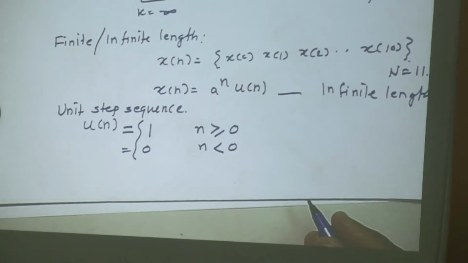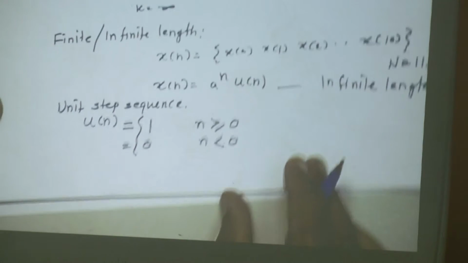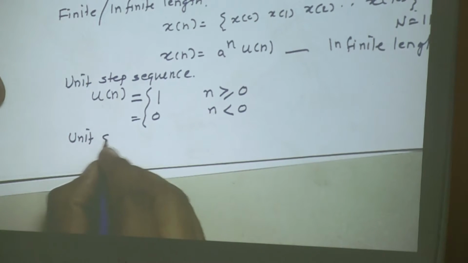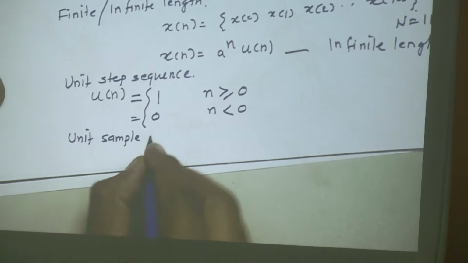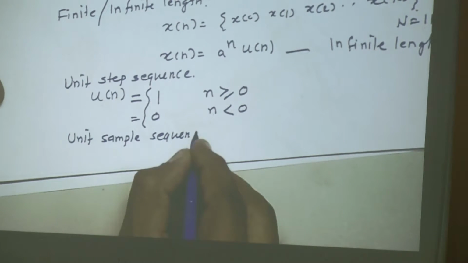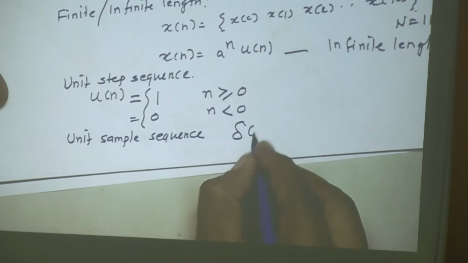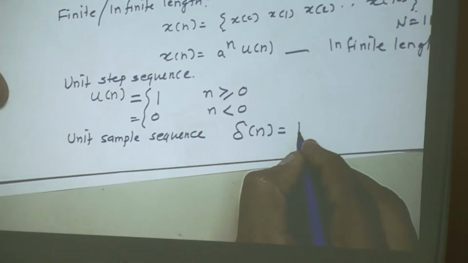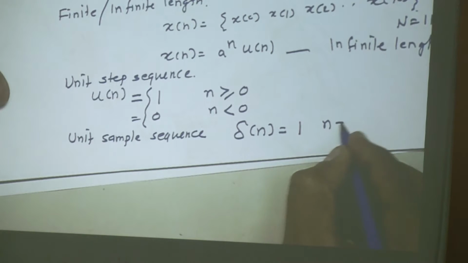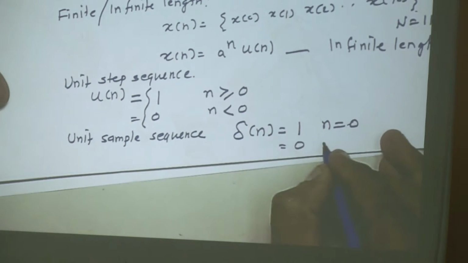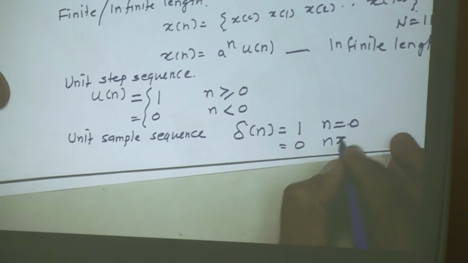This is the unit step sequence. Before this I would have written the unit sample sequence. It is called delta[n], which is equal to 1 for n equal to 0 and is equal to 0 for n not equal to 0.